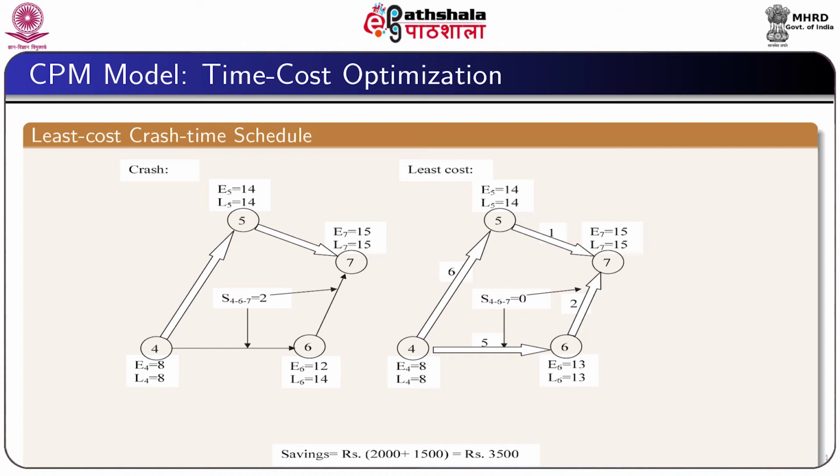Here we could extend the activity time of the activity 6, 7 by 1 unit only and then the remaining 1 unit will be used to extend the activity time for the activity 4, 6. In this case the total saving will be 2,000 plus 1,500, which is equal to 3,500, and the path 4, 6, 7 will again be a part of the critical path.